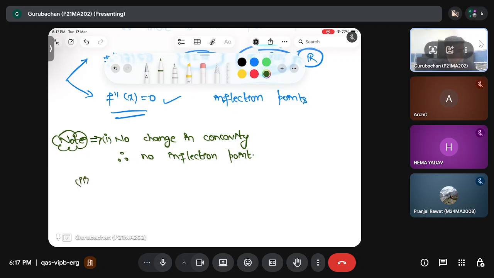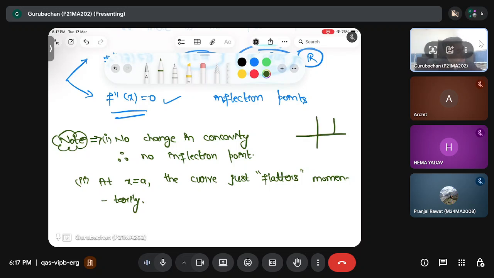The second one is why we include x equal to a. At x equal to a, the curve just flattens momentarily. Flatten means you can say it is touching the x-axis, like you can say an x to the power 4 kind of graph.